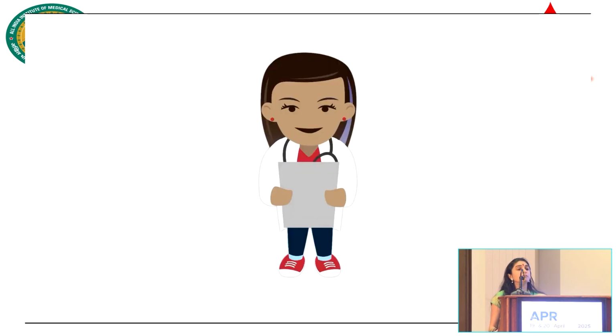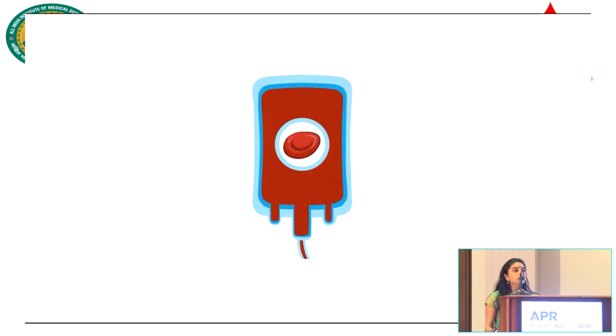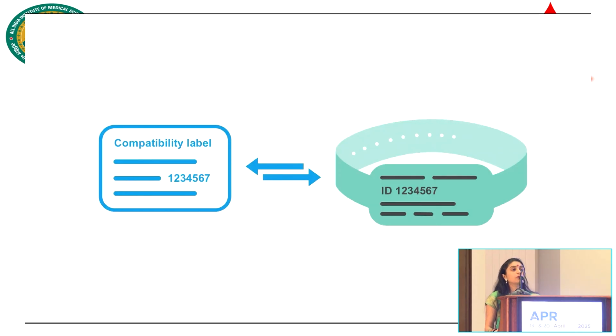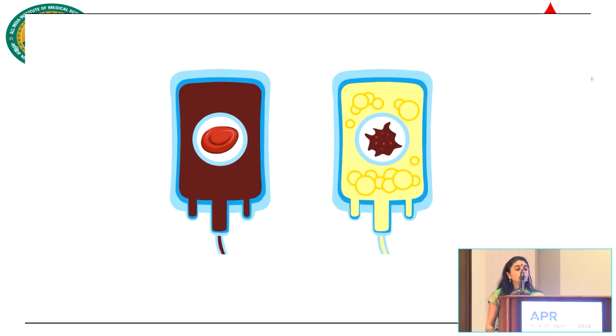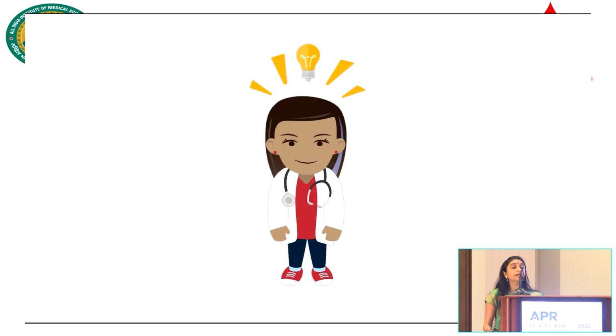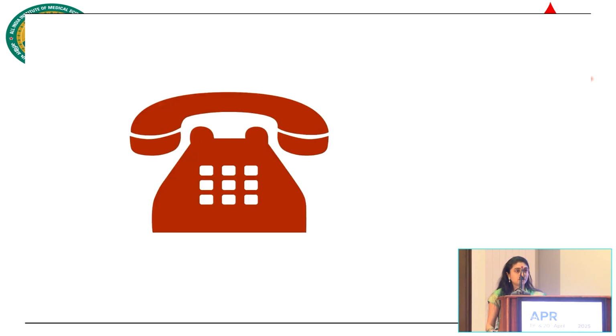In case of an acute hemolytic transfusion reaction, you might encounter hematuria in the urine. Check your blood product and labels with the compatibility slip which you have received from the blood center. Even if no discrepancy is found, after keeping the IV line open, inform the blood bank what has happened to the patient, at what time the transfusion was started, at what time it was stopped, and for what reason it was stopped, and mention this in your transfusion reaction reporting form.